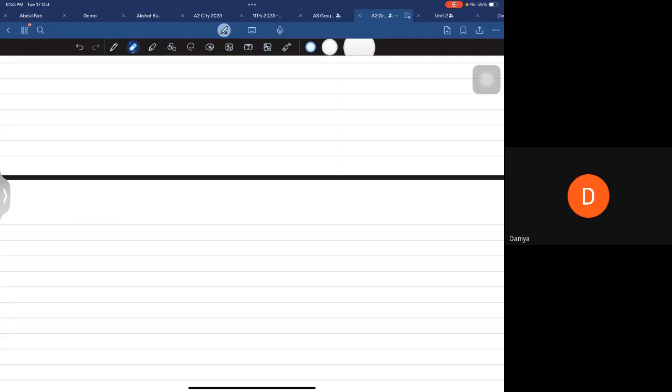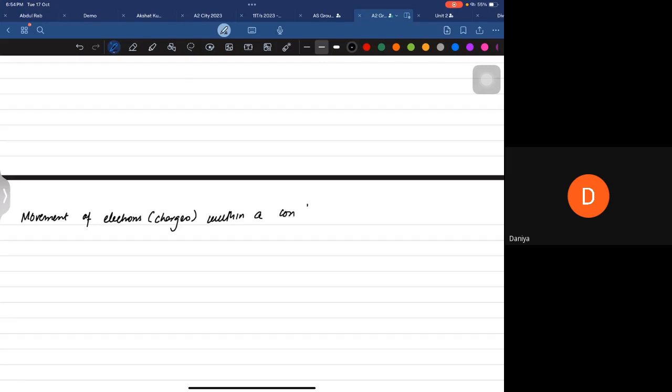All right. So we're going to say movement of electrons, or you can also write charges, within a conductor moved in a magnetic field.